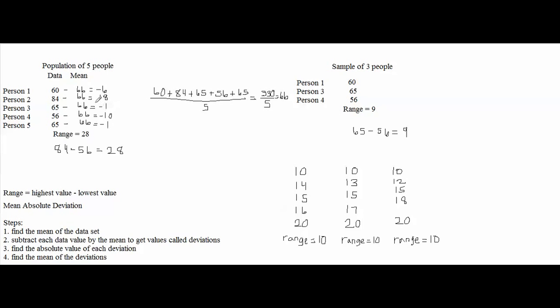Let me double check these. This is correct. This one's correct. Looks like they're all correct. These values here are called deviations. They're just the answers that we get after we subtract each value by the mean.